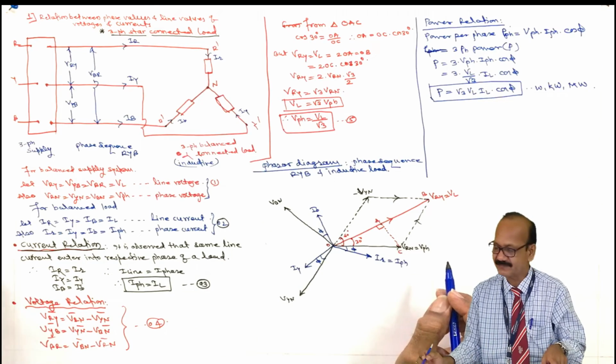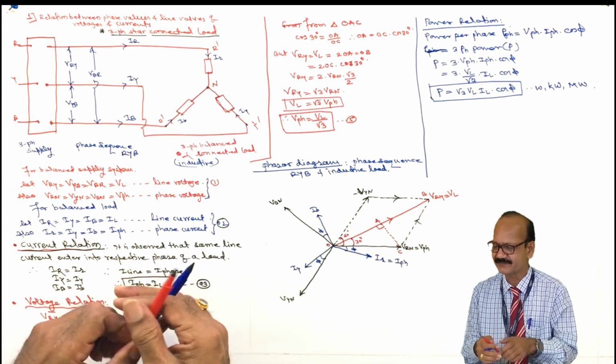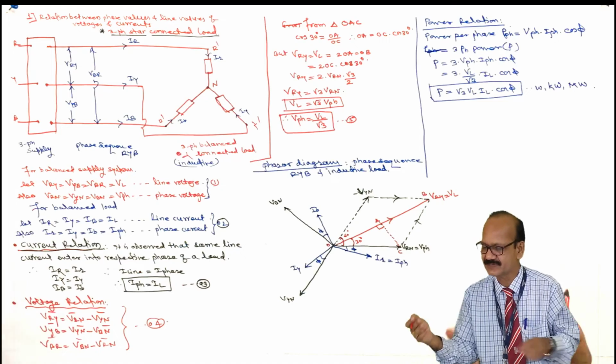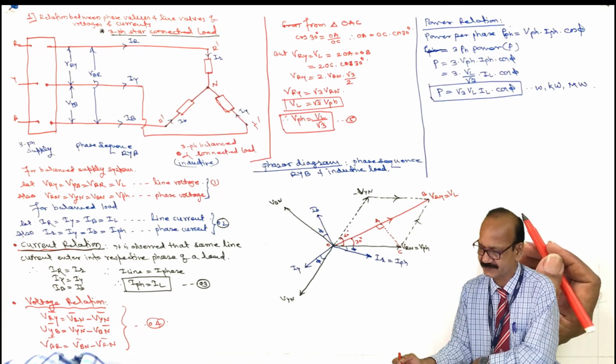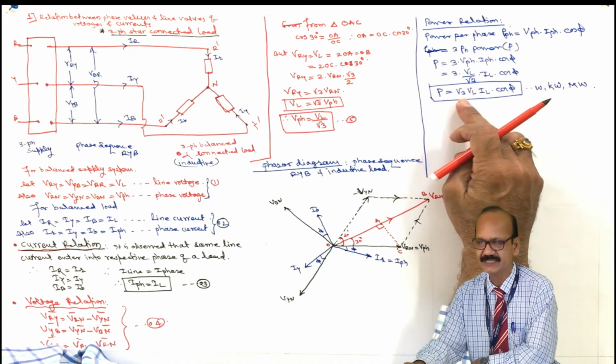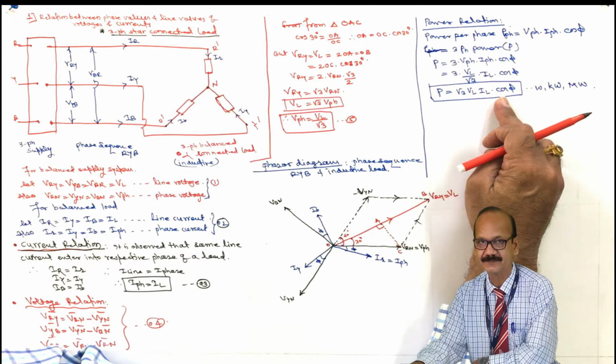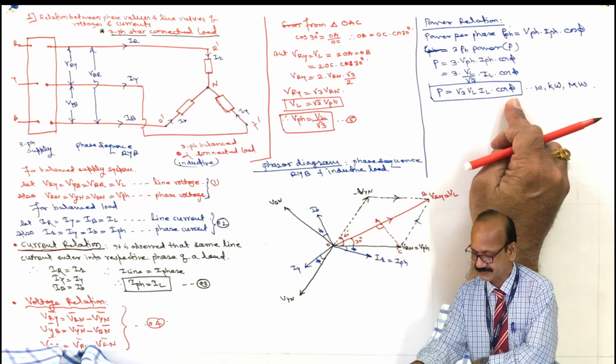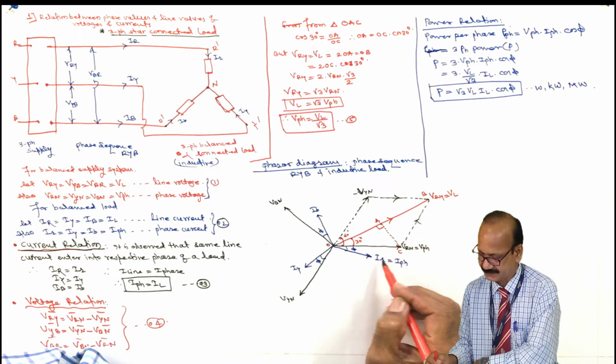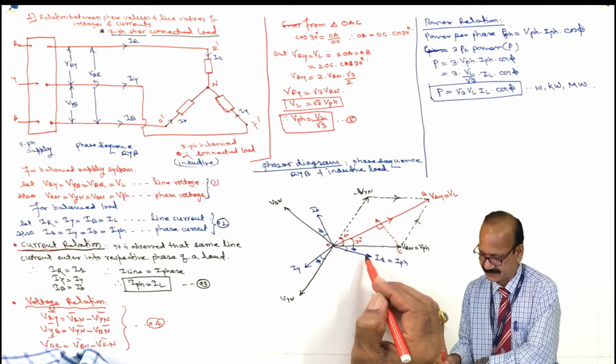Now in this way we have obtained the active power relation. Once we use the word power, it means it is always active. And this is root 3 into VL, line voltage, into line current into cosine of angle between Phi PH and IPH. This is Phi PH, this is IPH. Angle is phi.